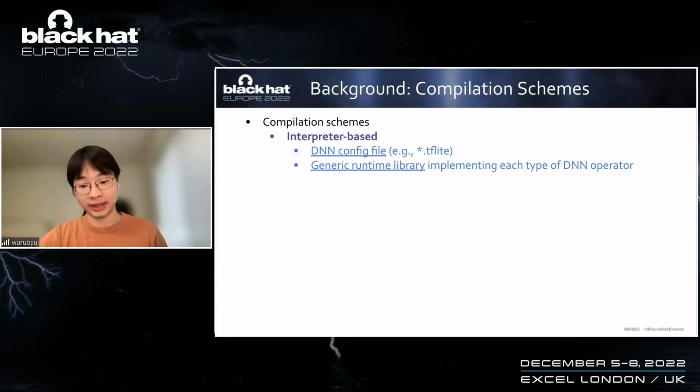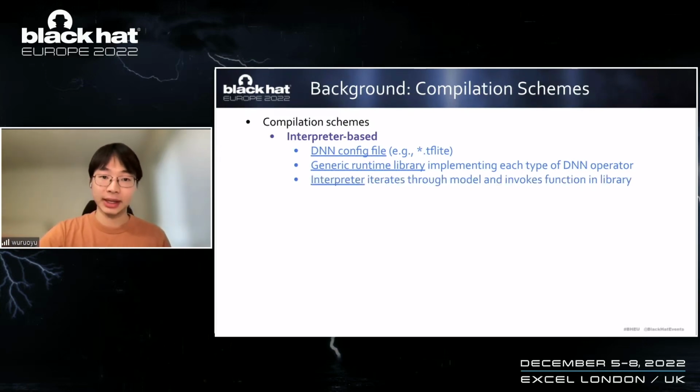For instance, it has a convolution operator implementation and a ReLU operator implementation, and they are generic. During runtime, there's an interpreter that parses the configuration file, generates a computation graph, and invokes the generic DNN operator implementations in the runtime library.